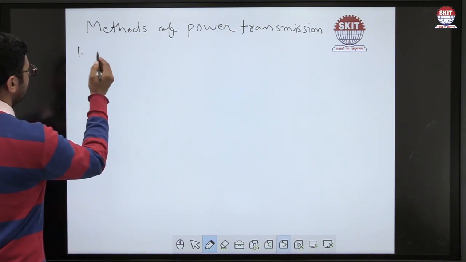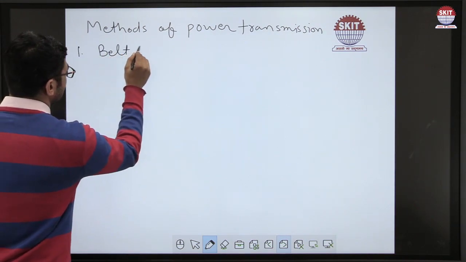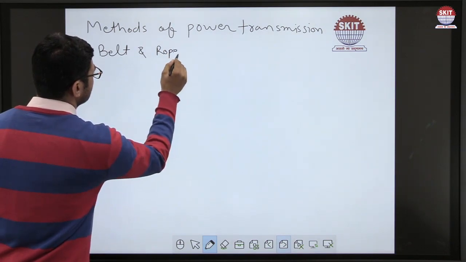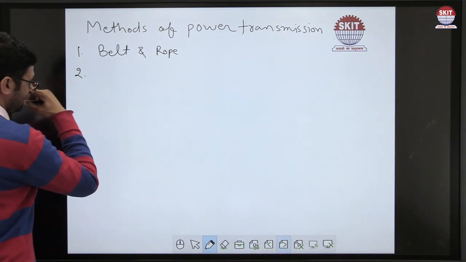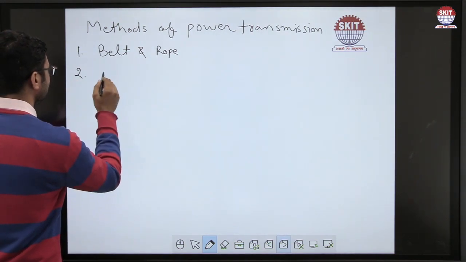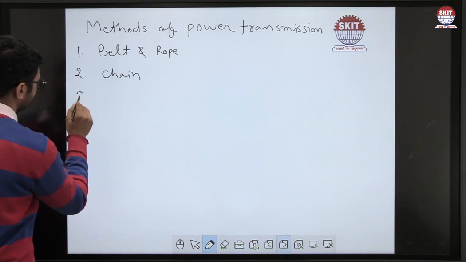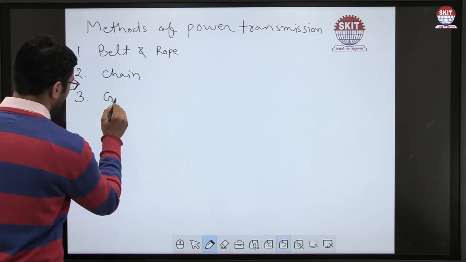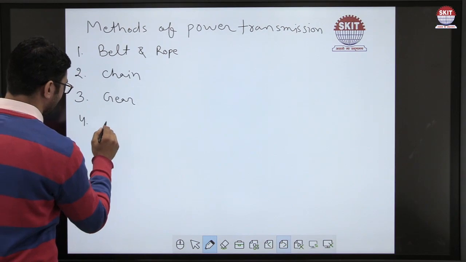First is belt and rope. Second, chain. Third is gear. Fourth is clutch.